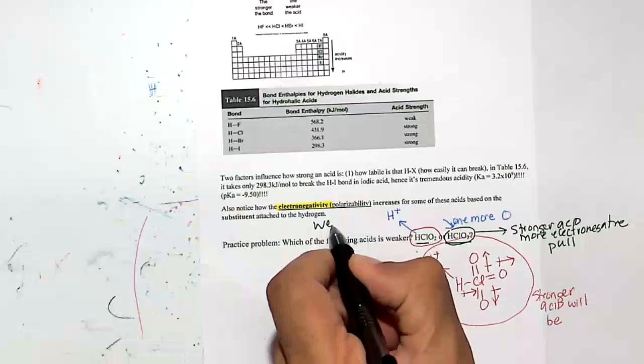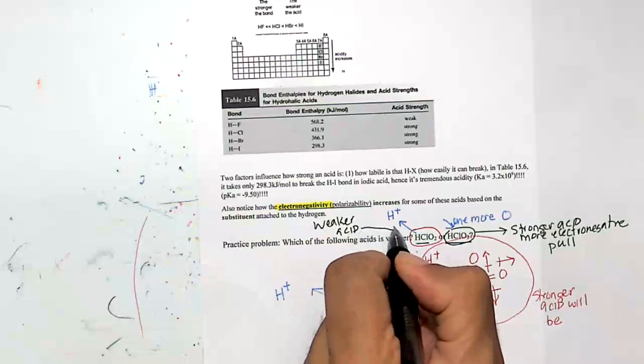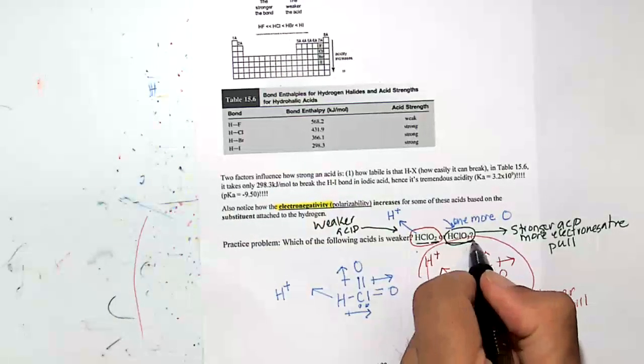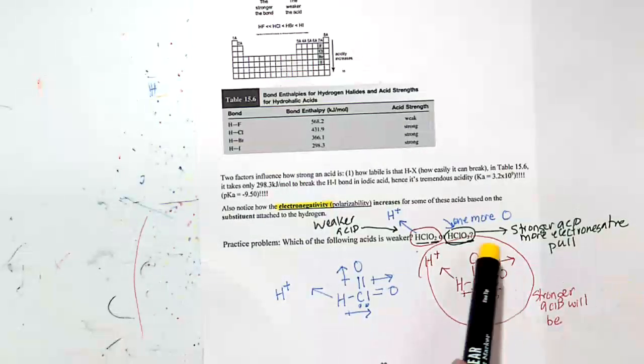This will be the weaker acid. Okay, 3 oxygens versus 2 oxygens. The one with 3 oxygens, or more electronegative atoms, will be more acidic. The proton will come off easier. That's the take-home point.